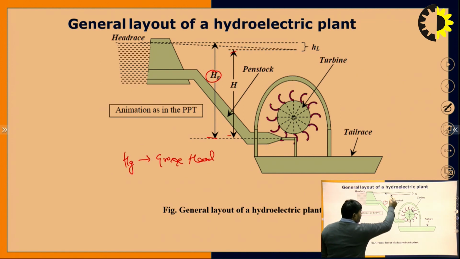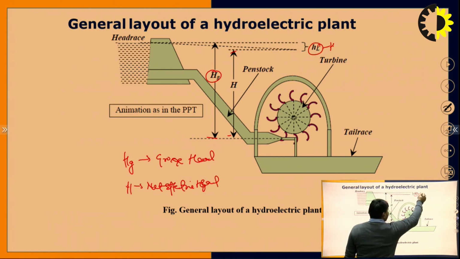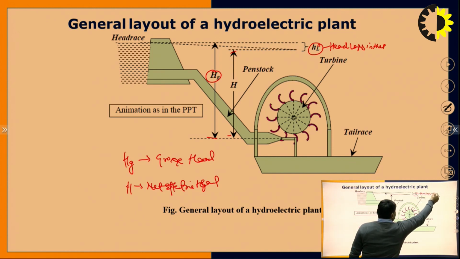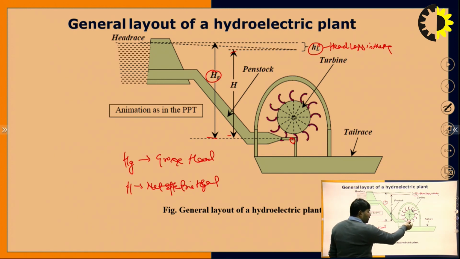Here H, capital H, is the net effective head, and HL is the head loss in the pipe, basically as the water is transferred through the penstock. There is also head loss in the nozzle, and some losses after striking.